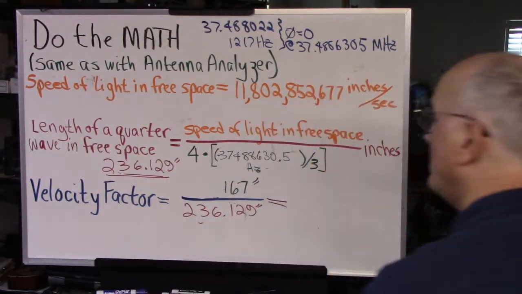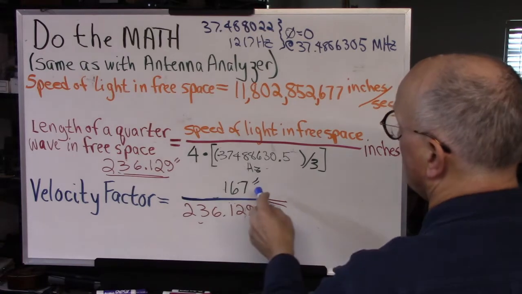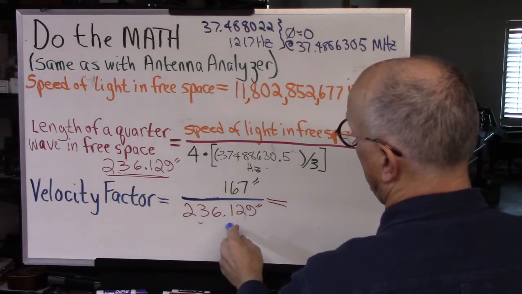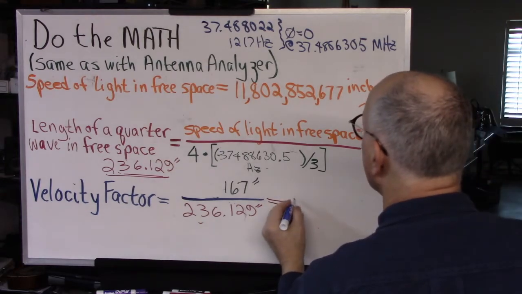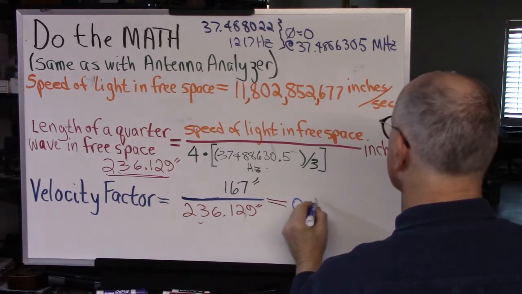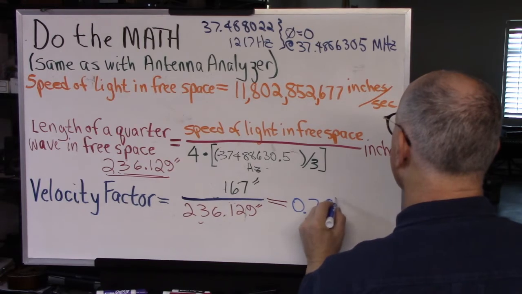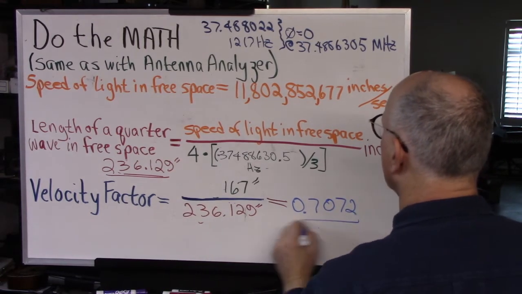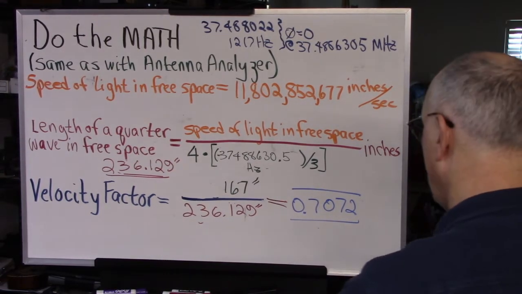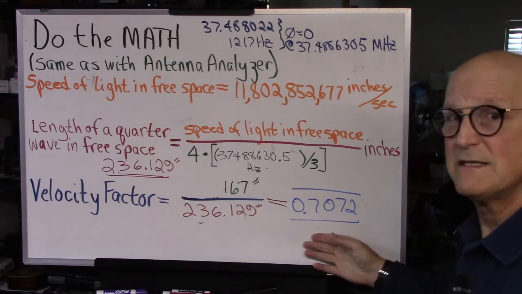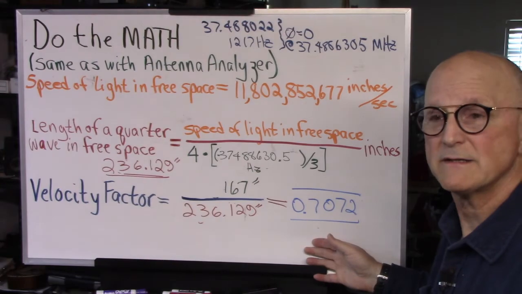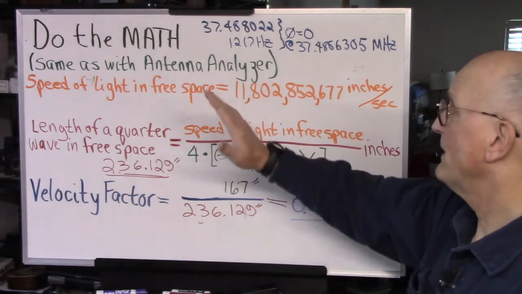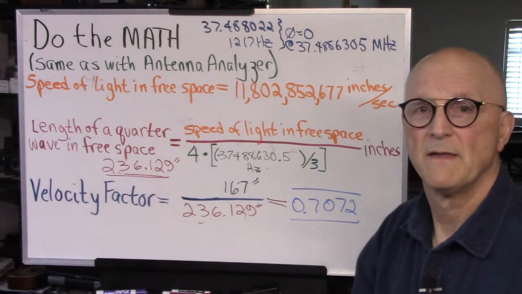And if we do this calculation, dividing 167 by 236.129, we get 0.7072. So there is the velocity factor of our piece of 93 ohm coax as measured by the VNA.